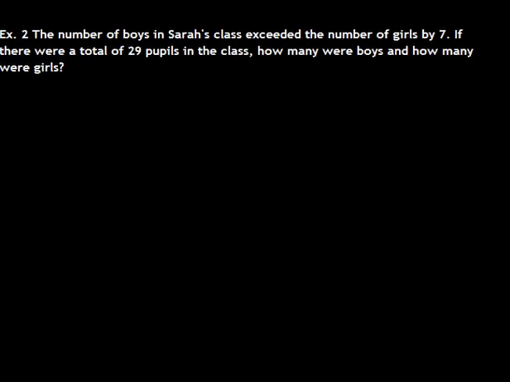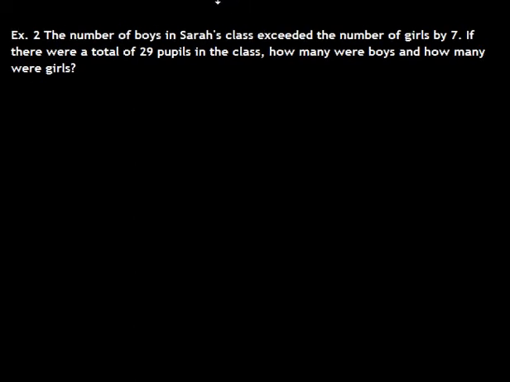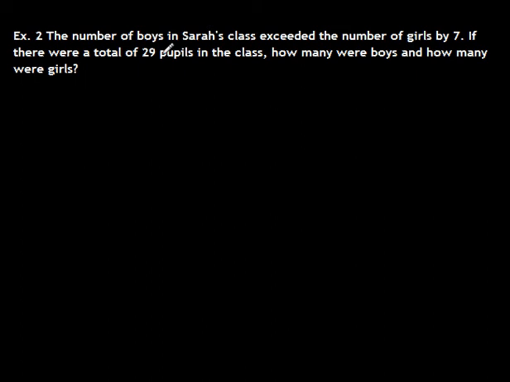The number of boys in Sarah's class exceeded the number of girls by 7. If there were a total of 29 pupils in the class, how many were boys and how many were girls? So we have two variables, number of boys and number of girls. The total number of pupils in the class was 29.